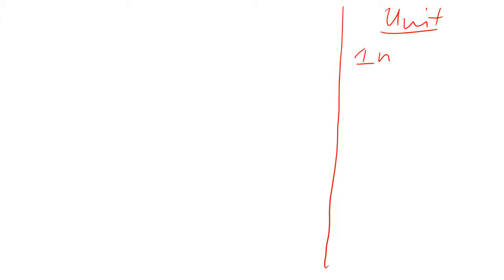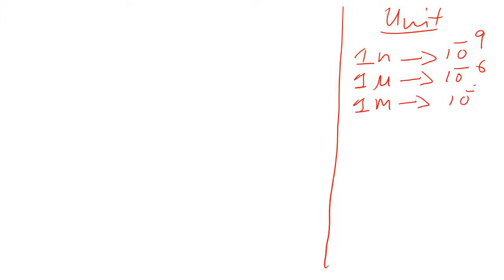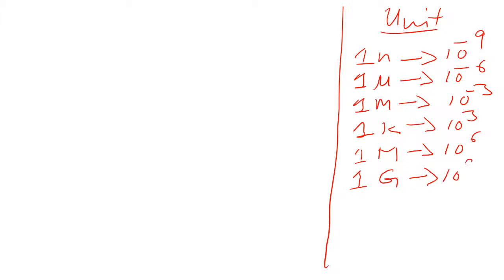So what are the units we use? These are the units we generally use. 1 nano is equal to 10 to the power minus 9, 1 micro is equal to 10 to the power minus 6, 1 milli is equal to 10 to the power minus 3, 1 kilo is equal to 10 to the power plus 3, which is a big number, 1 mega is equal to 10 to the power 6, and 1 giga is equal to 10 to the power 9.